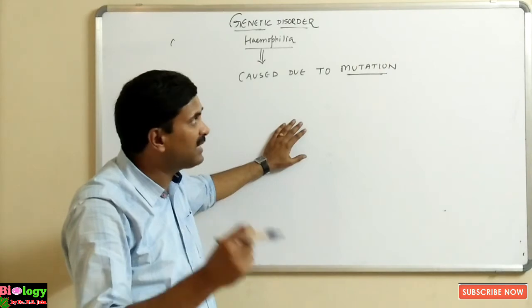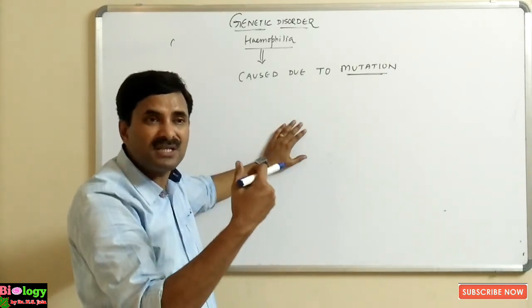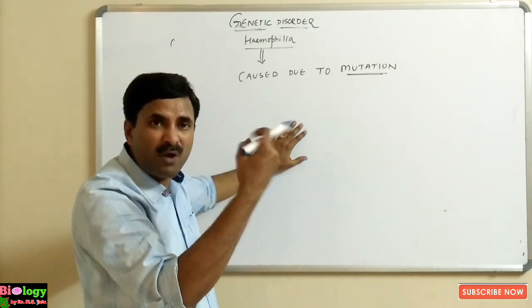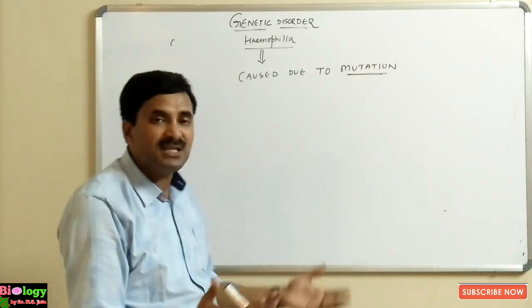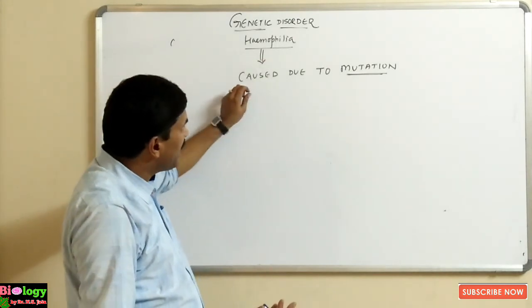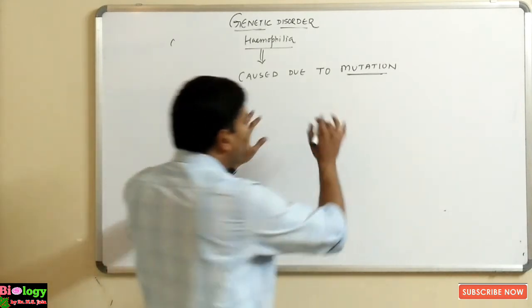So you don't have to believe that it is always concerned with Queen Victoria's family only, or that it is related to the royal family of England or Russia or any other place. Okay, it is a common disease, it is found the world over, and it is a genetic disorder caused due to mutation.